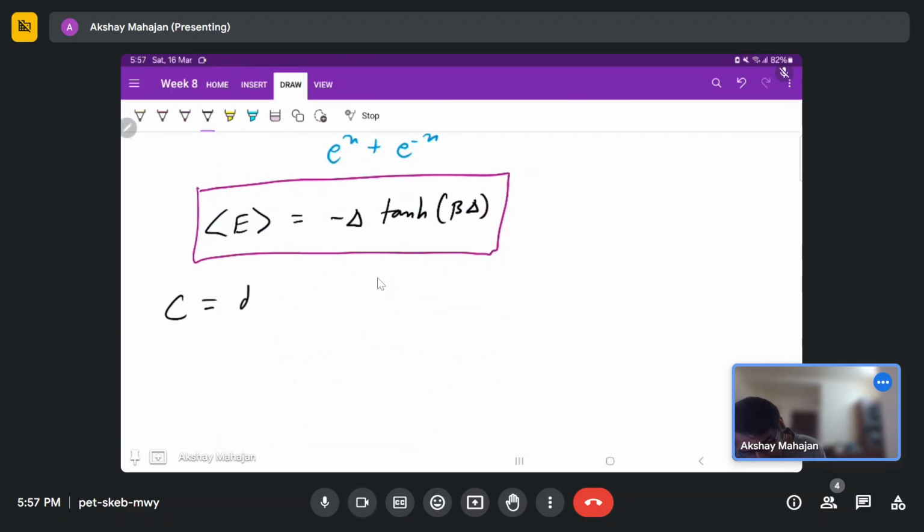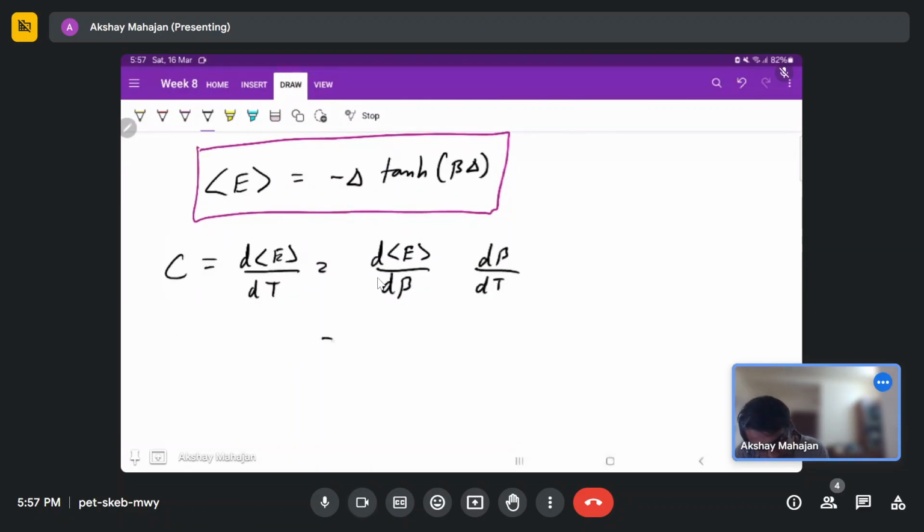So C equals dE by dT. Now average energy is given in terms of beta, so I can write it as the differential with respect to beta times d beta by dT. Here we have to do this differentiation. Now d beta by dT is just the differentiation of 1 by kBT, since beta is basically 1 by kBT.